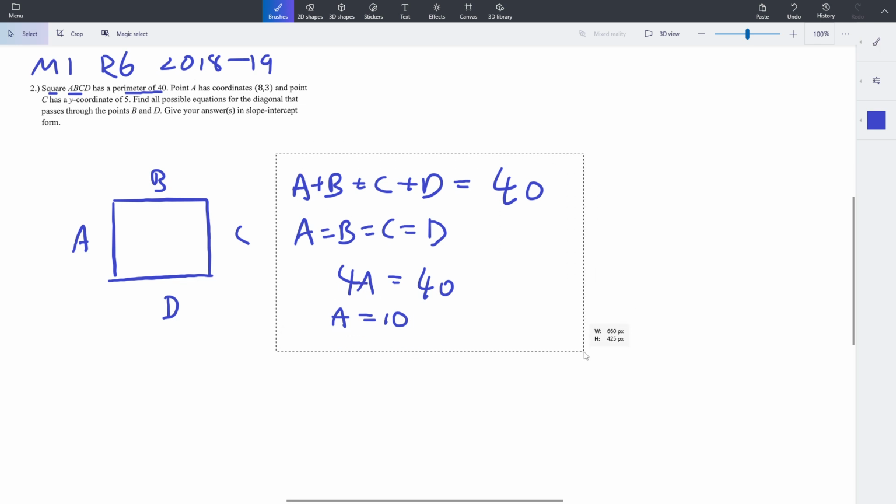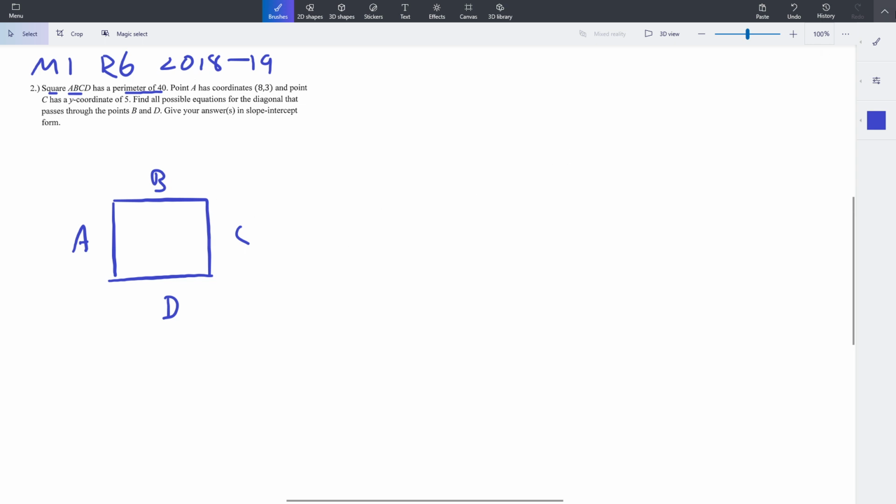Now, that's the type of thing that you'd probably have to do in your head, and it's not too difficult, but I just did that there for demonstrative purposes. Alright, let's continue. So point A has coordinates 8, 3. So let's draw our diagram. Horizontally is the x-axis, and the y-axis is vertical.